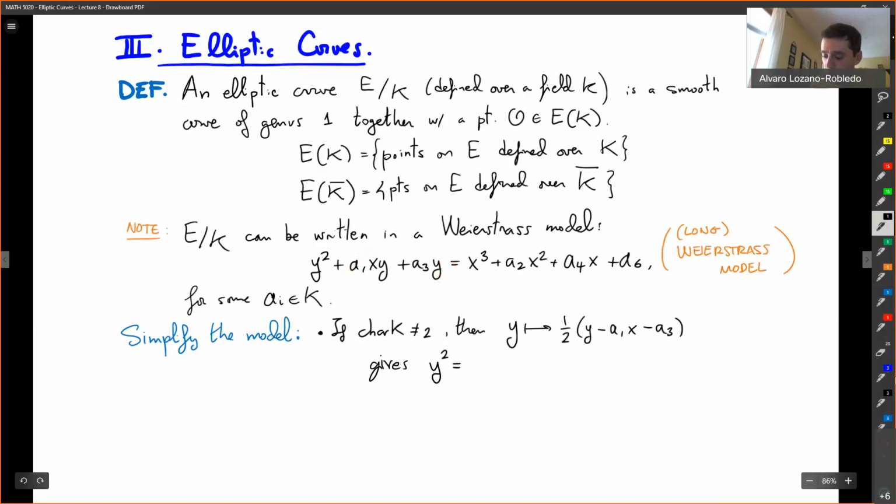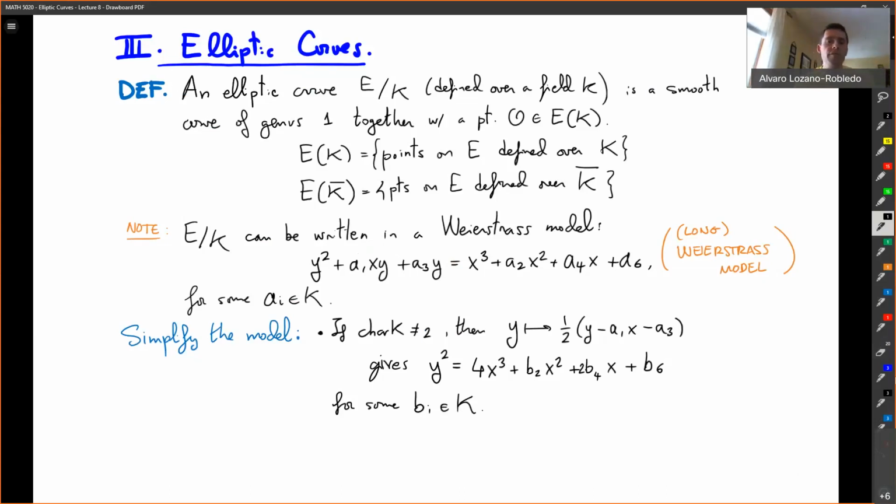This is classic notation, but in any case it gives you a model of this form for some bi in K, and you can find in Silverman's book formulas for the bi in terms of the ai.